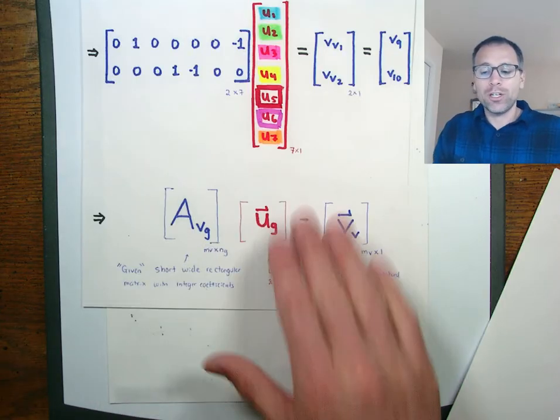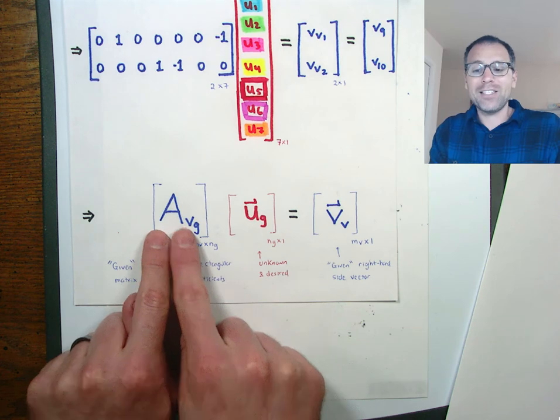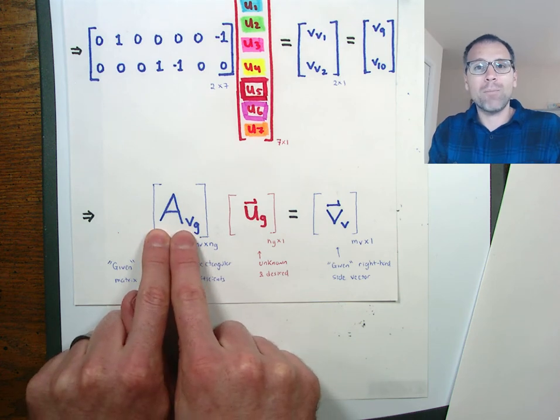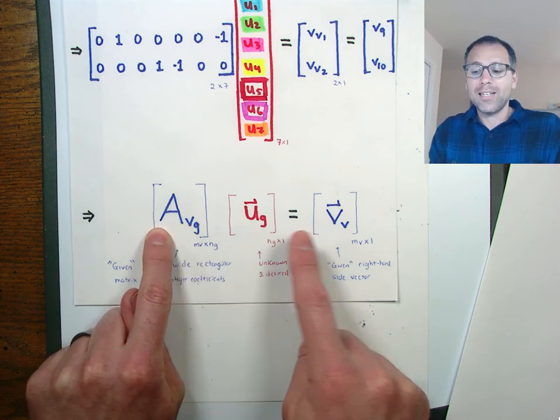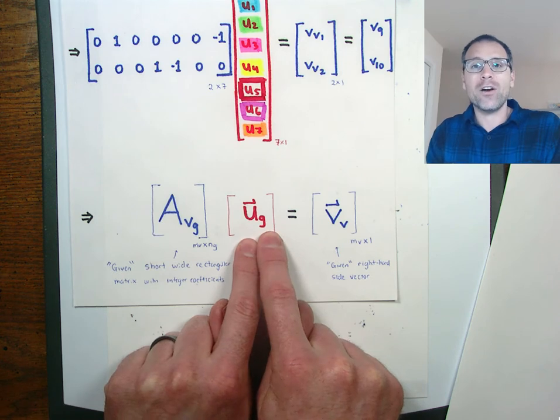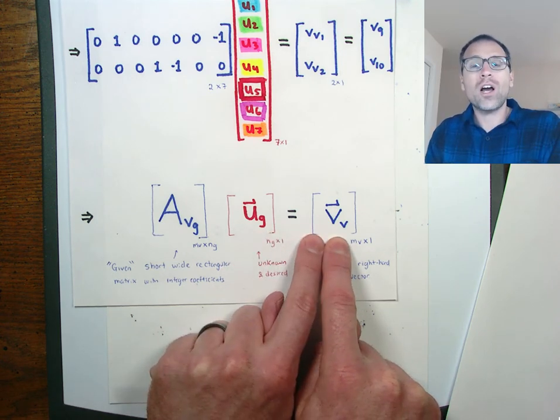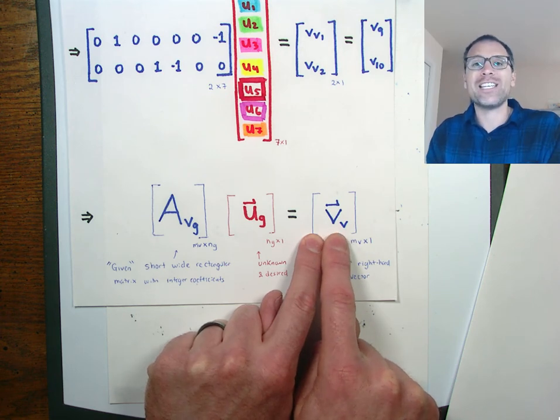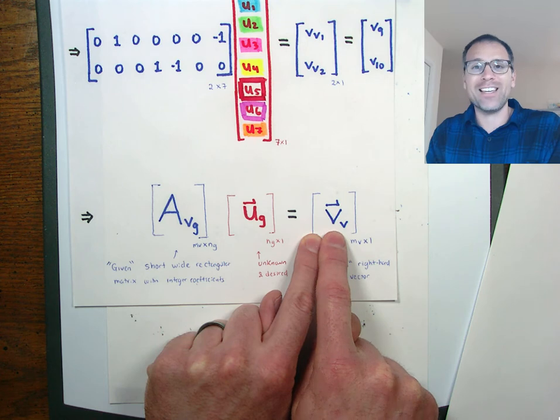Well, in matrix form, that thing looks like A sub Vg, the voltage source subblock of my incidence matrix, times the unknown and desired node potential vector is equal to the known constant, the engineered constant, the voltage drops across each of my voltage sources.